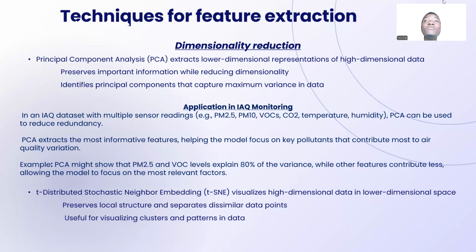That means we shall need the most informative features. We need to deal with the temperature, the humidity, and the toxic gases like PM10, helping the model to focus on key pollutants that contribute most to air quality verification. Let me give an example. The PCA might show that PM2.5 and VOC levels explain 80% of the variance, while other features contribute less, allowing the model to focus on the most relevant factors.